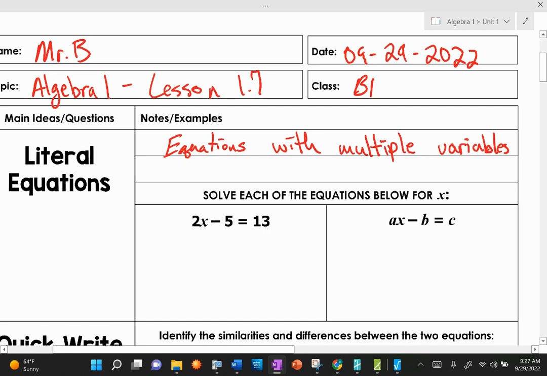If you look at the one on the right, this is a literal equation. It's like giving you a form, or formula, with no numbers. It's all just variables. You would still solve ax minus b equals c the same way that you would solve 2x minus 5 equals 13. Let me show you what I'm talking about.